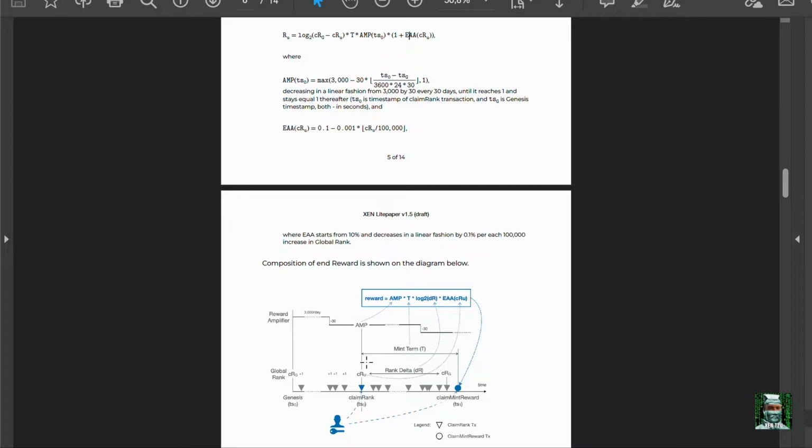This is where you claim your rank, just by connecting to the protocol and pressing a button, basically. The protocol will give you a C rank. And in the same transaction, you also choose your mint term, which is going to be from 0 up to 100 days.